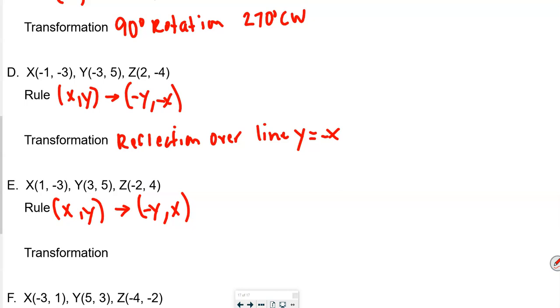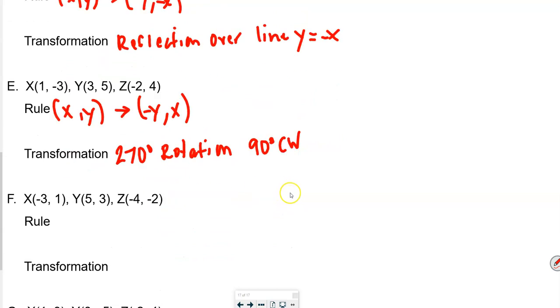Okay. So this one, if it's negative y, x, is what? A 270-degree rotation, right? Or a 90-degree clockwise rotation.